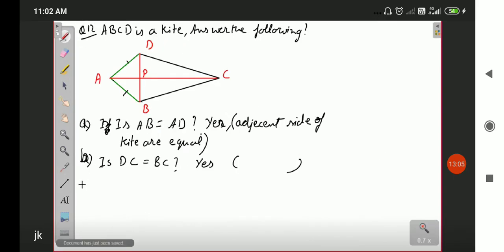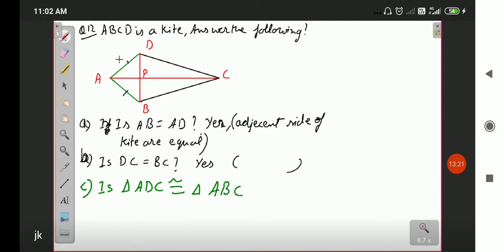Okay, moving on, C part. Is triangle ADC congruent to triangle ABC? Triangle ADC is this above triangle, triangle ABC is this below triangle. These two are congruent, yes, and the reason being all the 3 pairs of corresponding sides are equal. That is, AD and AB are equal.